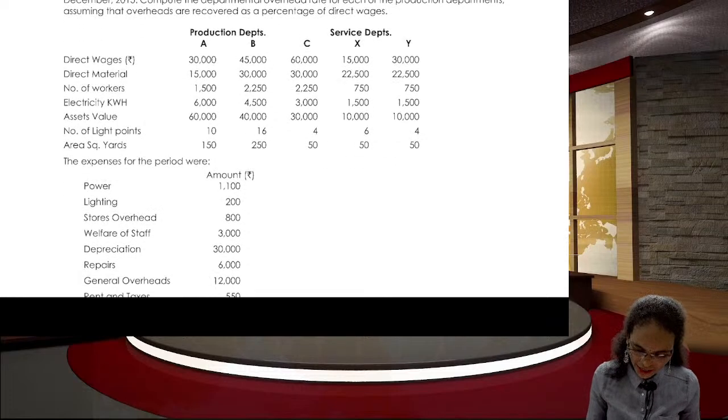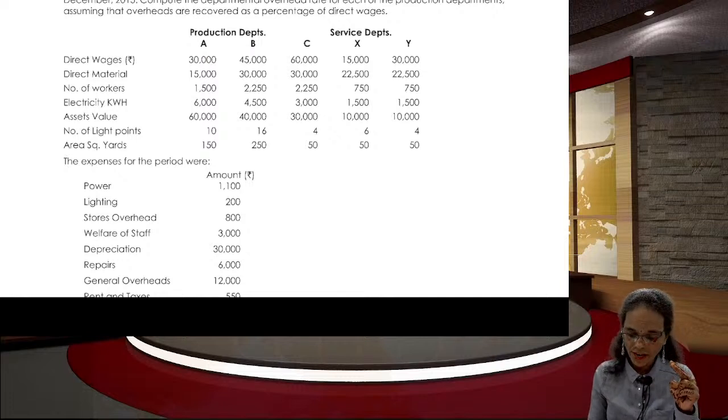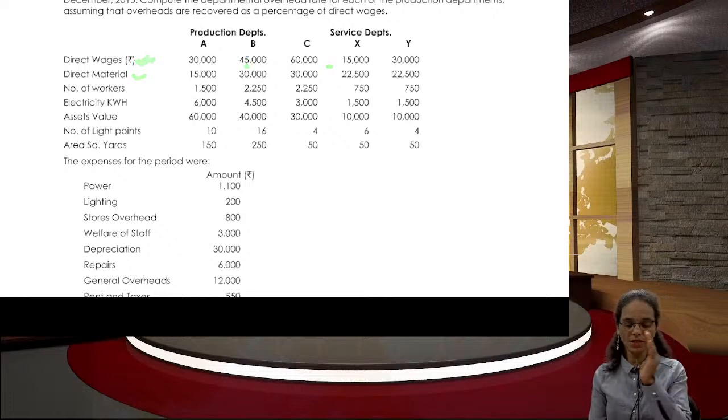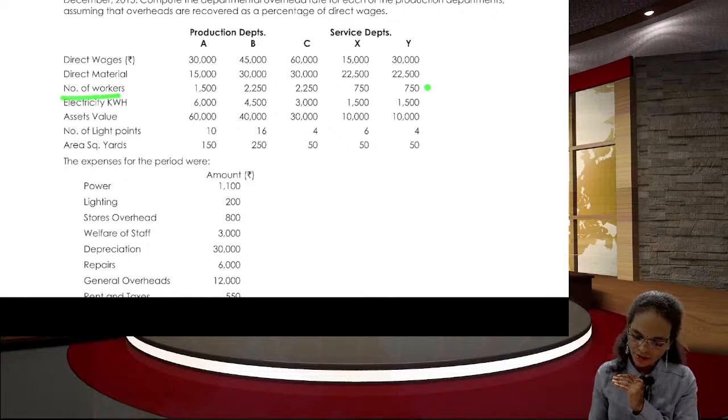See, we have 2 production departments and 2 service departments. The information given is wages and material for the respective departments, the number of workers, electricity used, asset value, number of light points, and area in square feet.